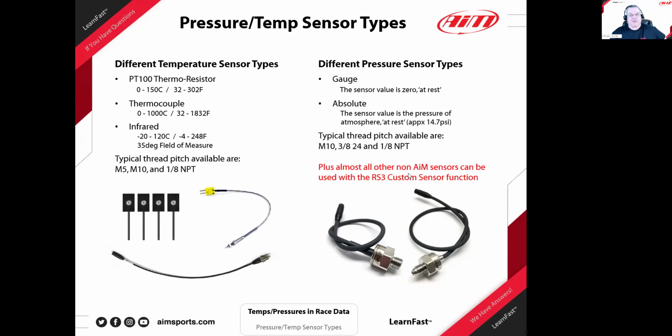You need to have a thermocouple. The thermocouples are good from 0 to 1,000 degrees C, 32 to 1832 or so on the F side. A very popular sensor in karting and others where we do a lot of exhaust gas temperature type measurements. So those are available for you as well.